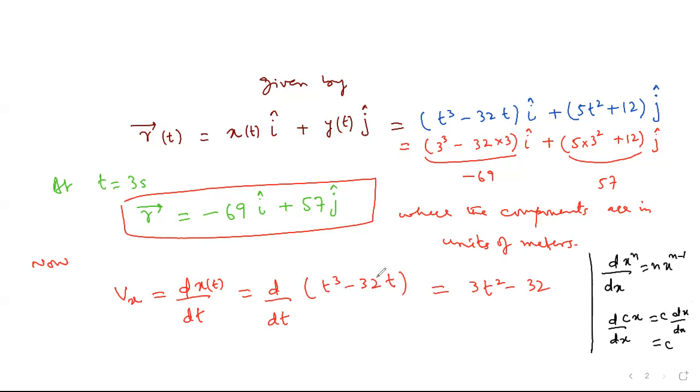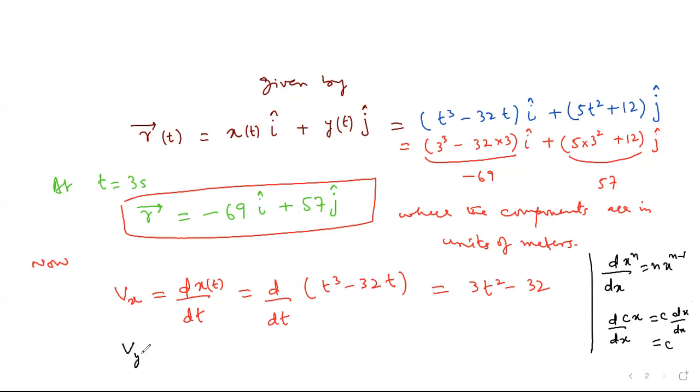My c here is 32. So when you differentiate 32t with respect to time, it will be 32 times dt by dt, which is 1. Right? So we've used this. So this is our x velocity.